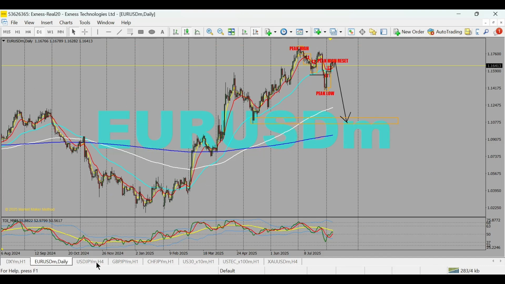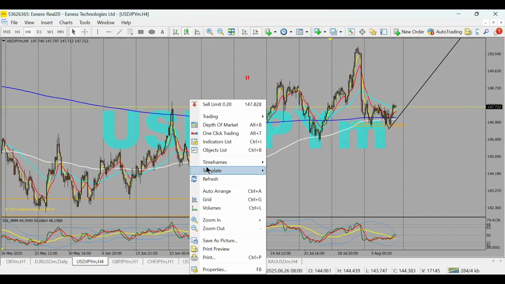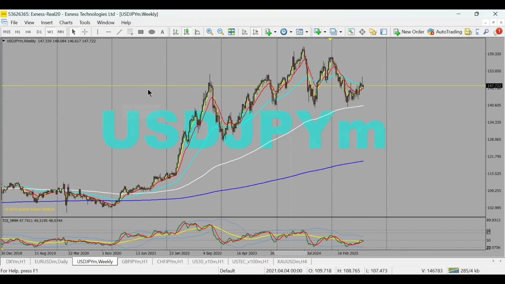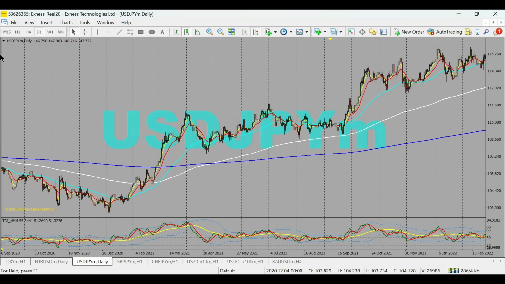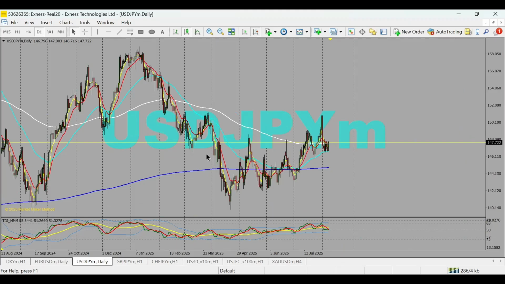Let's switch to USDJPY. Right, let me just clear that out. Okay, so this is USDJPY right there, and let's have a look at the higher time frame as well. I love to start with the higher time frames, and this is where we are.